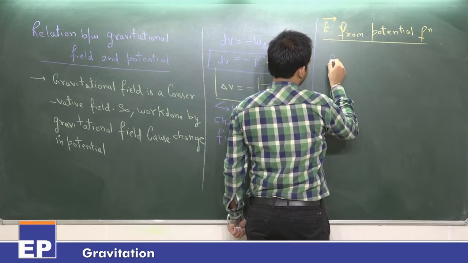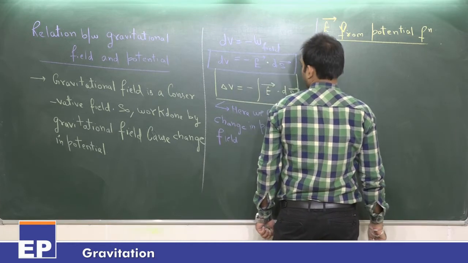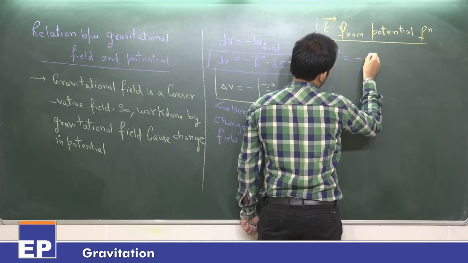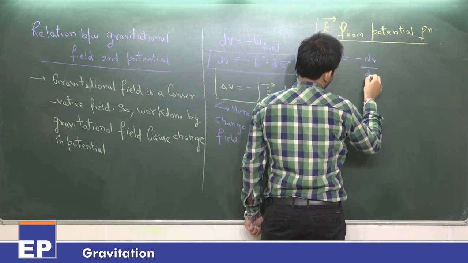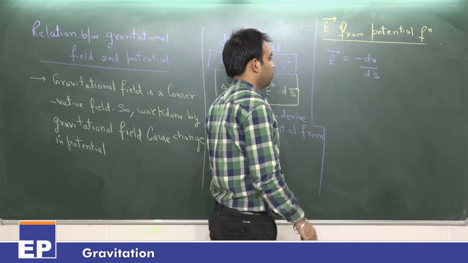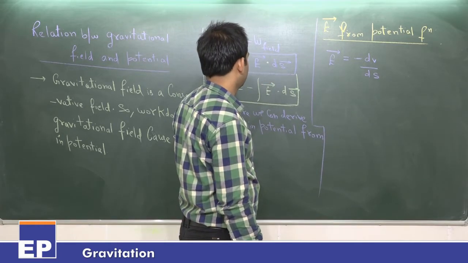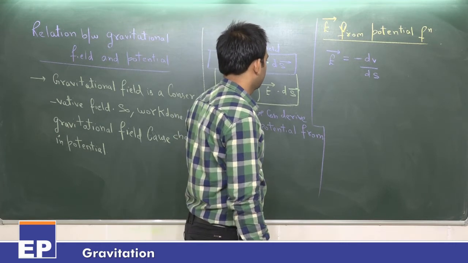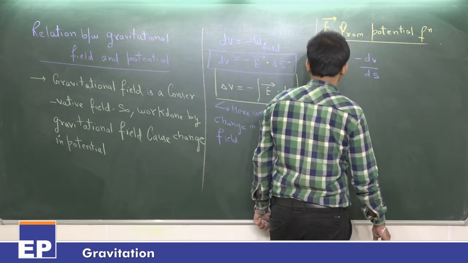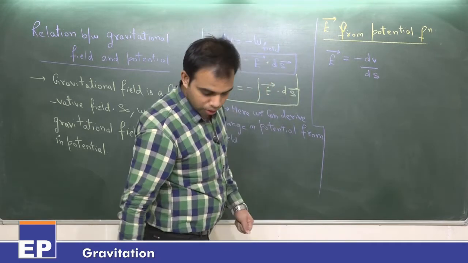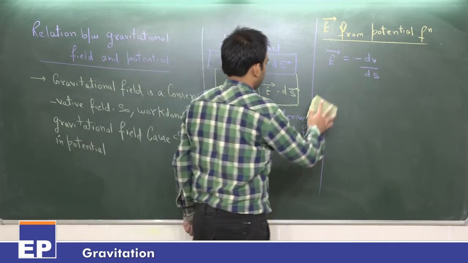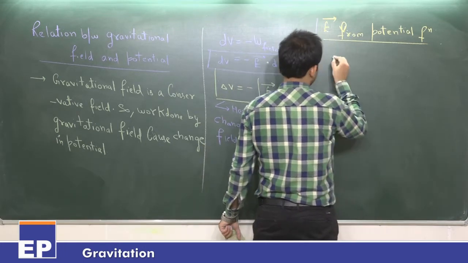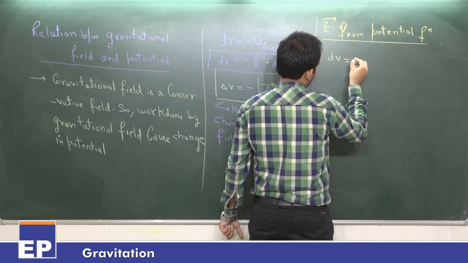Now we can write E is equal to minus dV by ds. You can judge from there. dV is equal to minus E dot ds.